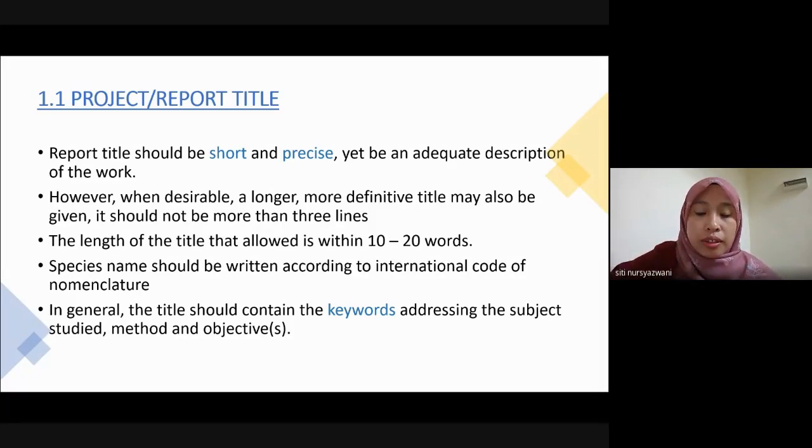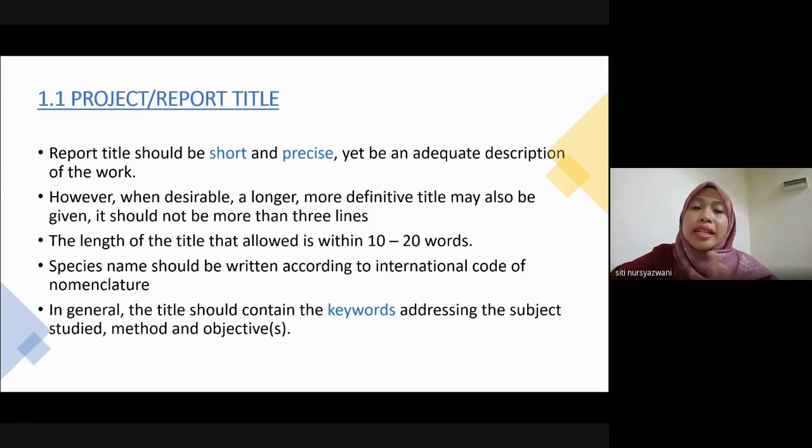Maksudnya, you punya title tu mestilah pendek dan jitu, tak perlu meleret-leret dan panjang-panjang. However, when desirable, a longer, more definitive title may also be given. It should not be more than 3 lines. Kalau misalnya panjang topik awak tu, memang nak letak juga tajuk tu, tak boleh lebih daripada 3 lines, and biasanya within 10 to 20 words.